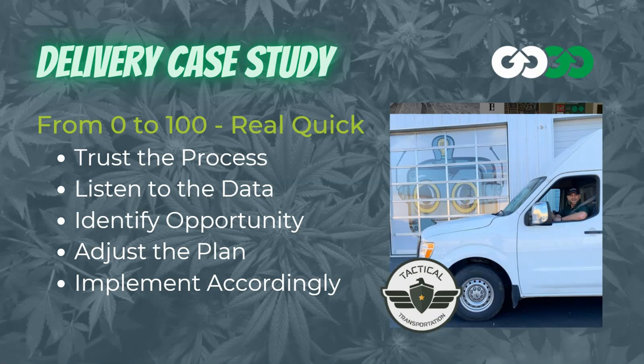Just to give you some history, they started their business with 2 vans and 3 drivers back in October of 2019. In Oklahoma, the state requires 2 people to every vehicle. So when they launched, they couldn't even run both vans at the same time.